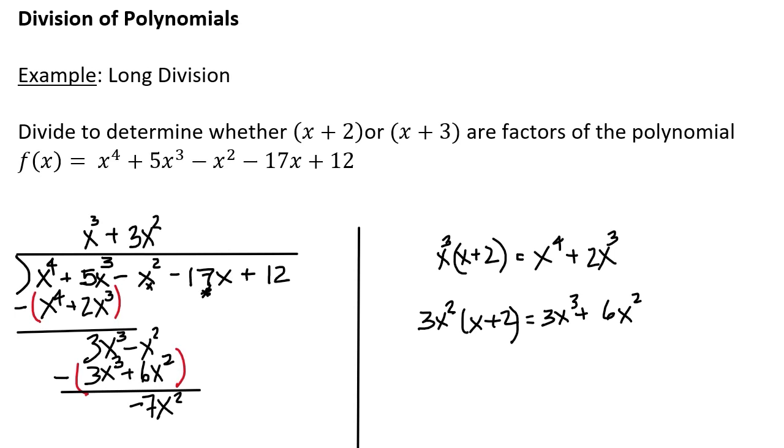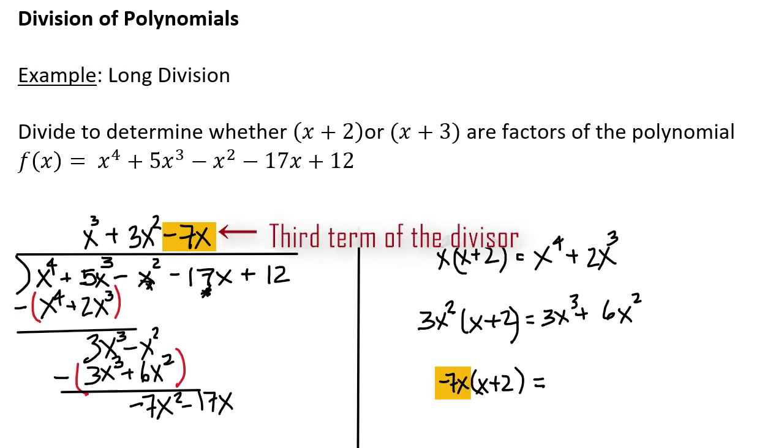Now I'm going to bring down the minus 17x. So I've still got my factor x plus 2. What do I need to multiply x by in order to get negative 7x squared? That is negative 7x. So when I multiply those through, I have negative 7x squared minus 14x.